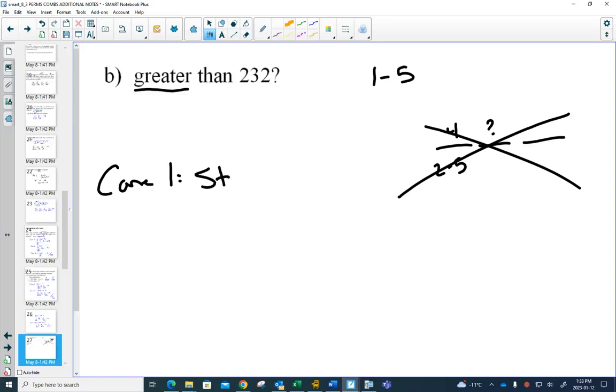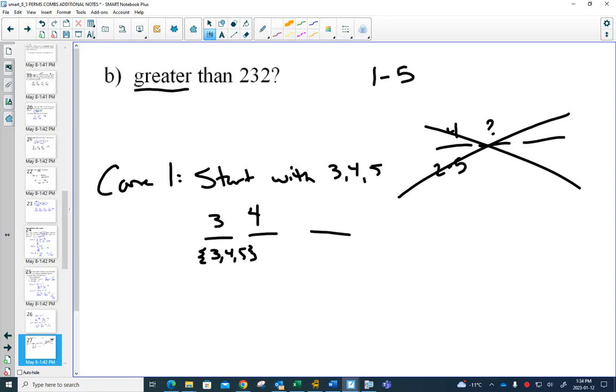So if I start with 3, 4, or 5, so my first decision, 3 choices, that means I'm guaranteed to be bigger. No restrictions on this one, no restrictions on this one. How many numbers do you have left for the second decision? 4. Why? Because you had 5 numbers, you just chose one of them. If I chose the 5, the 3 and the 4 are still possibilities that go back into the mix.